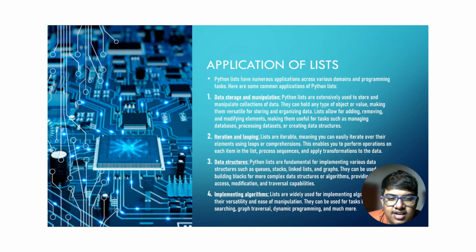They can be used as building blocks for more complex data structures or algorithms, providing access, modification, and traversal capabilities. Implementation of algorithms. Lists are widely used for implementing algorithms, and they're versatile and easy for manipulation. They can be used for tasks such as searching, graph traversal, dynamic programming, and much more.